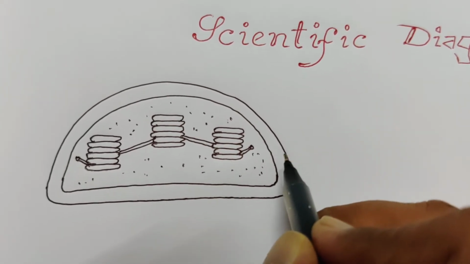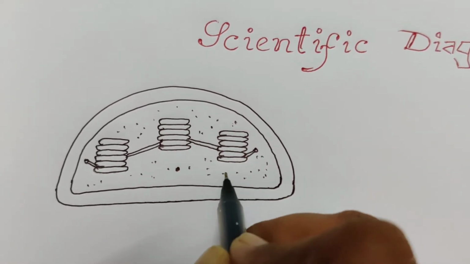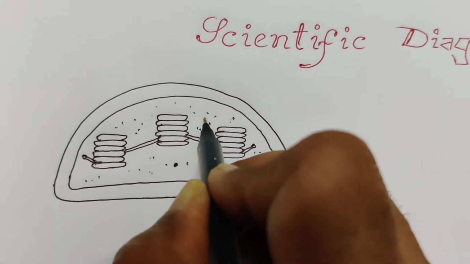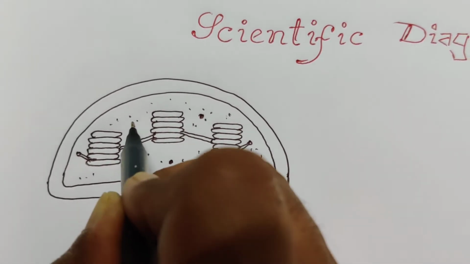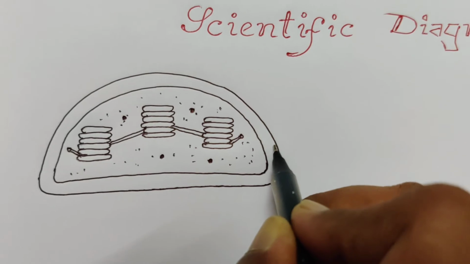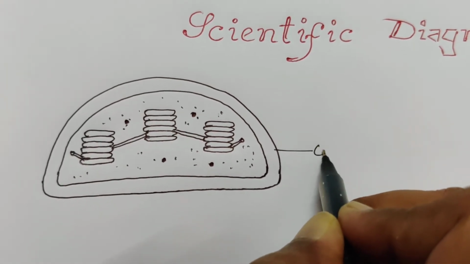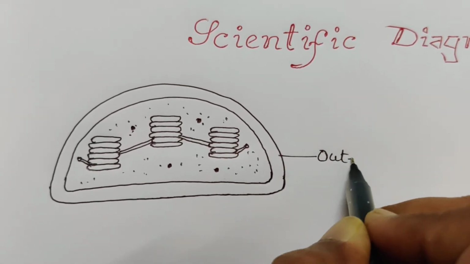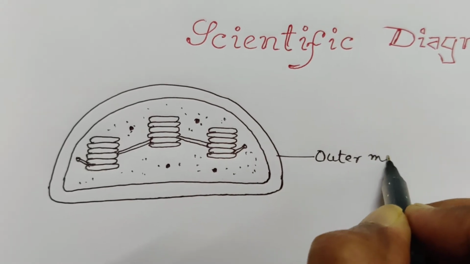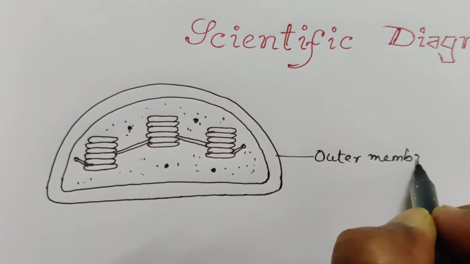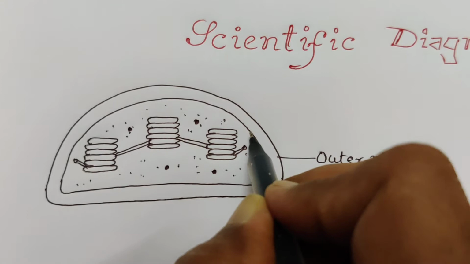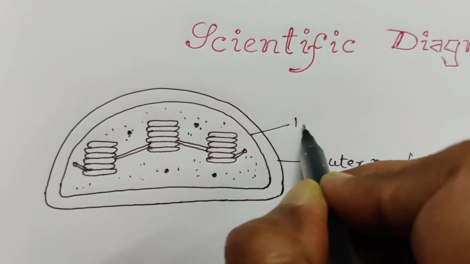The drawing is over. We can put certain ribosomes over here. Now this is outer membrane. This is inner membrane.